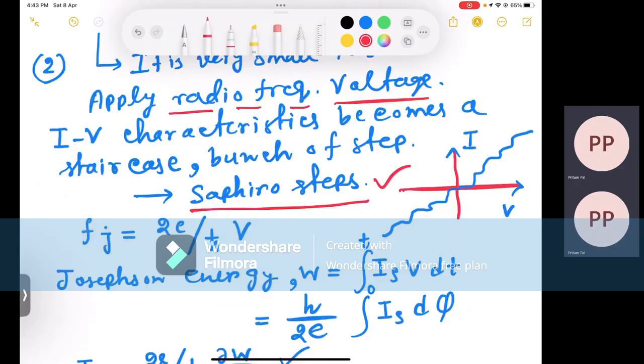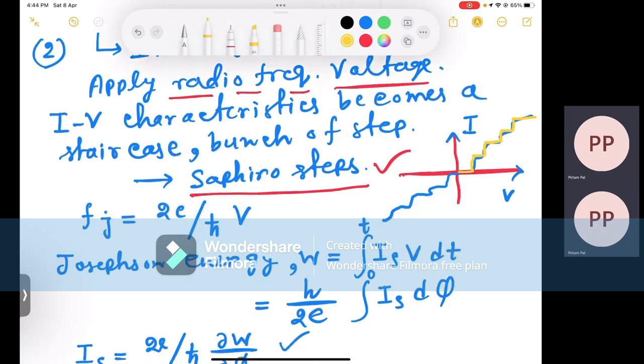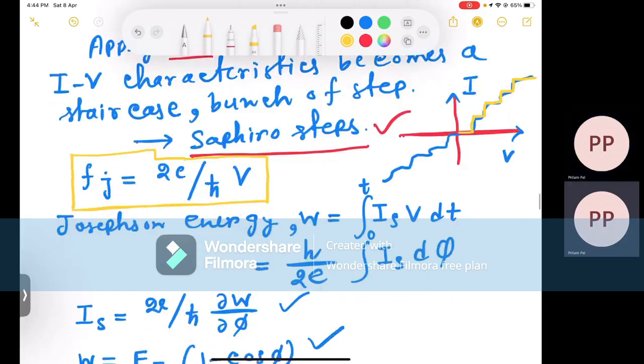This is the most important part of the AC Josephson effect. You will see the IV of this will be steps like this. These are called the Shapiro steps, and the radio frequency that we are applying is equal to 2eV over h-bar.